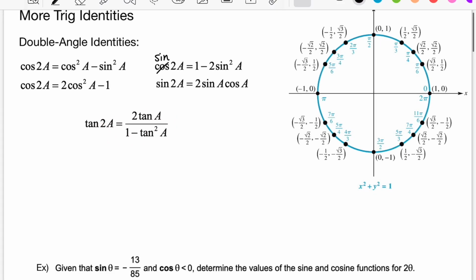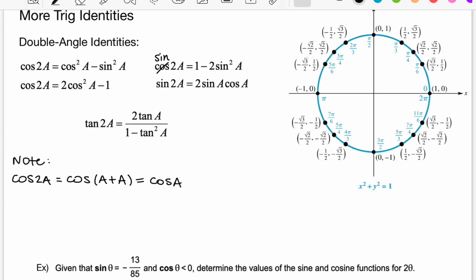And the way that we find these identities, we'll just do this first one, cosine of 2a. So this is the same as cosine of a plus a. And we know from the last video when we had the sum and difference identities that this is going to be the sum identity for cosine.